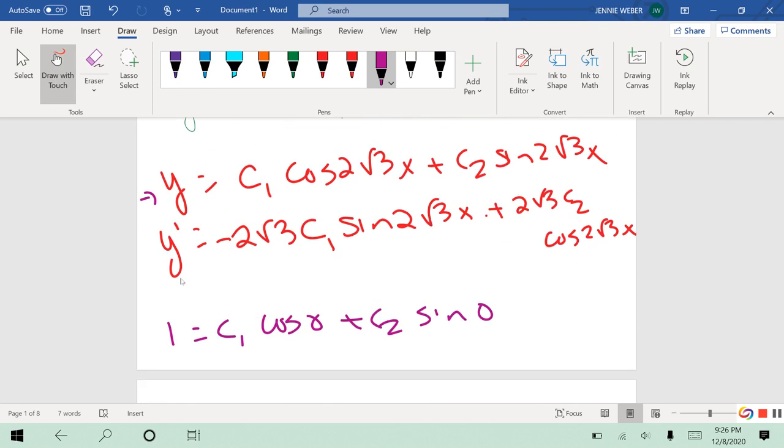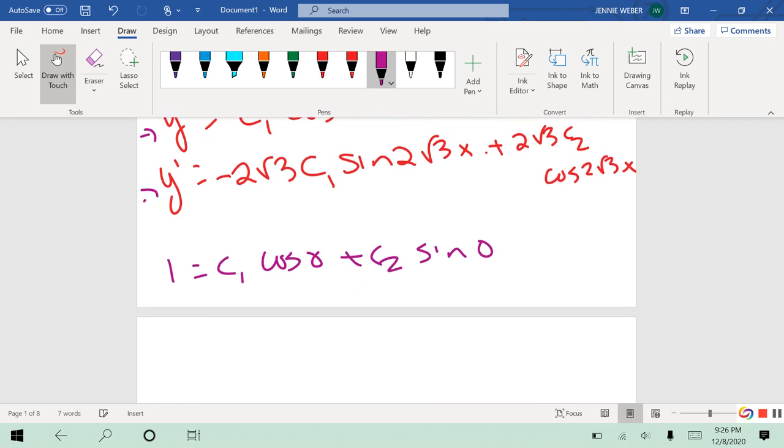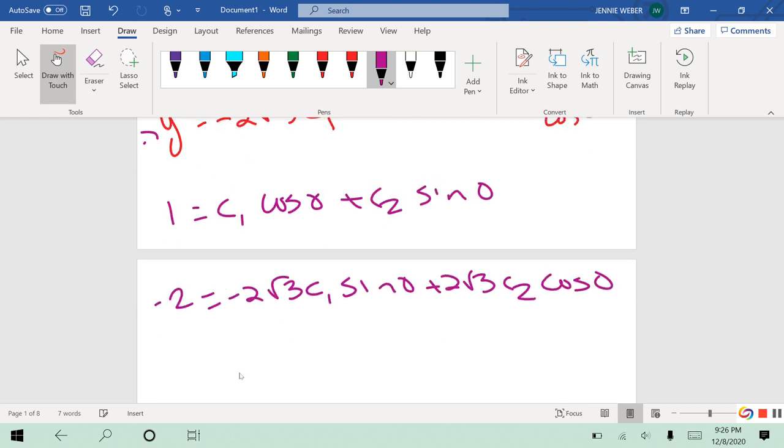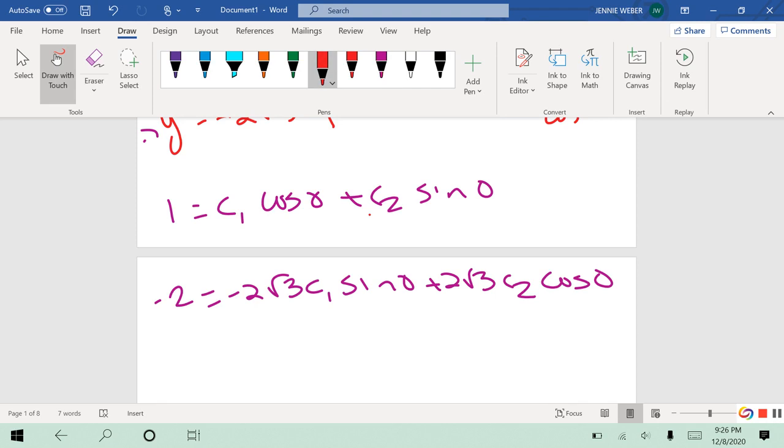Then y prime of 0 is negative 2, so this is now using this one. Negative 2 equals negative 2 square roots of 3 C1 sine 0 plus 2 square roots of 3 C2 cosine 0. Okay, so that's 0, right? And this is 1. So then 1 equals C1.